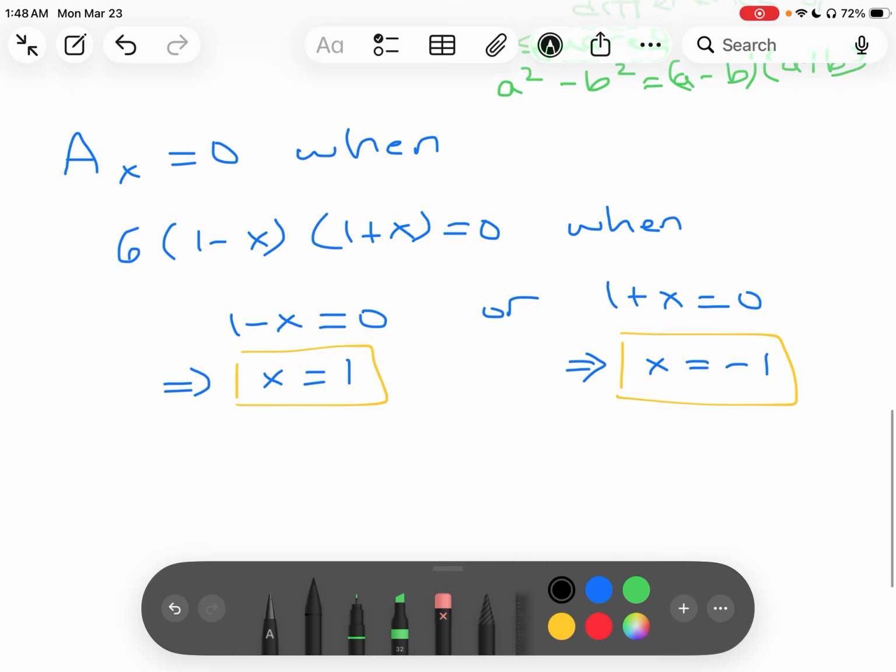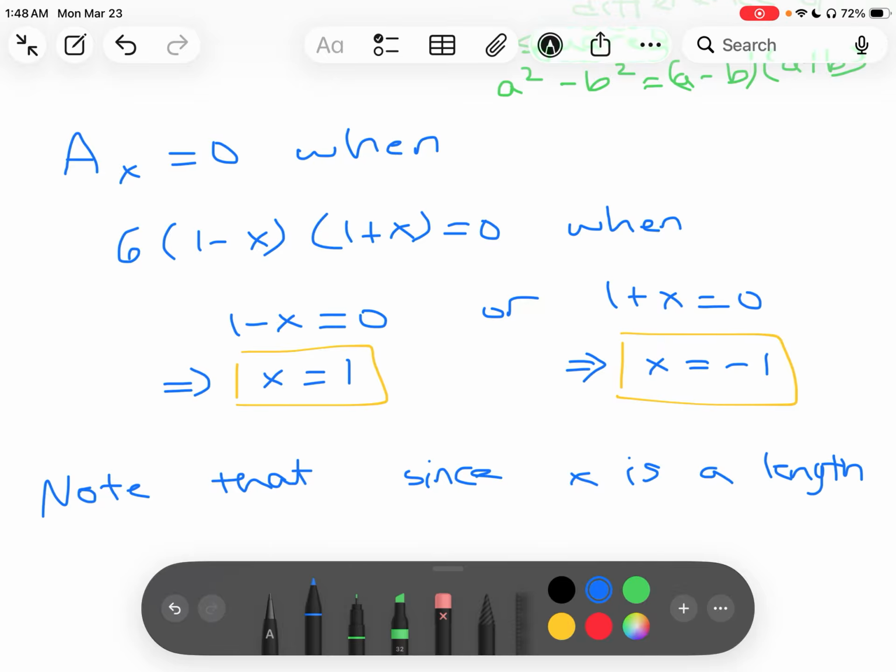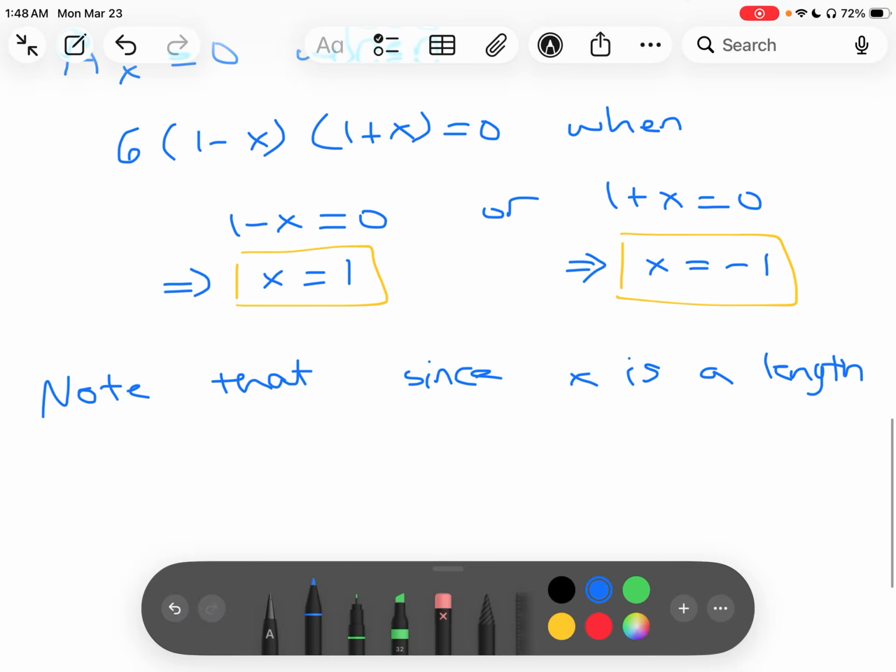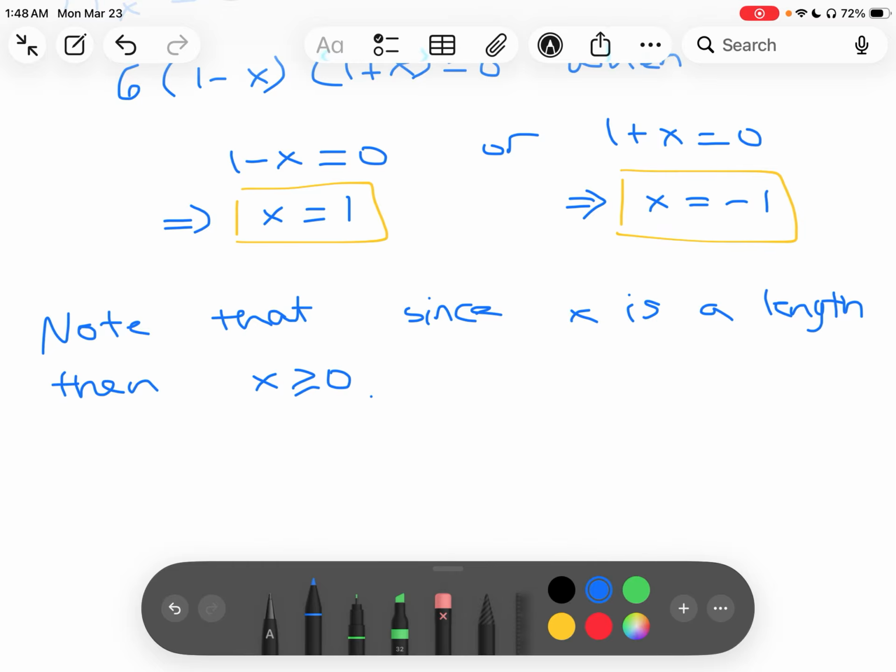Here, note that since x is a length or measurement, then x has to be greater than or equal to 0.